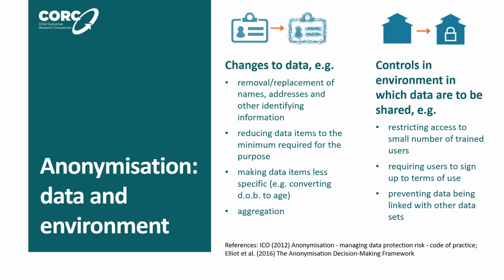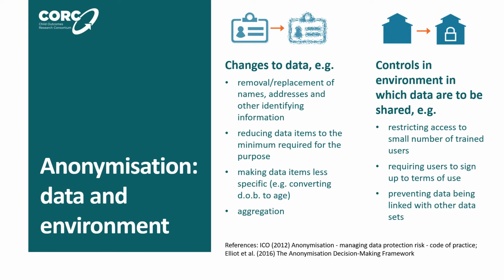For example, restricting access to a small number of users who will maintain data anonymity as part of their role or as part of agreements they have signed up to. Taking this approach to anonymization can be a useful way of supporting the purposes for data sharing, while protecting the rights of data subjects, including privacy, and preserving confidentiality where it applies.